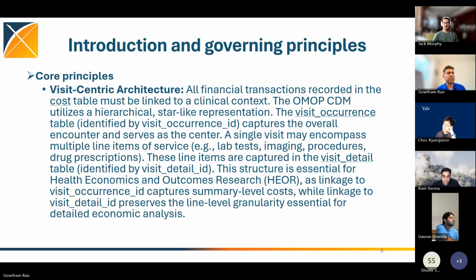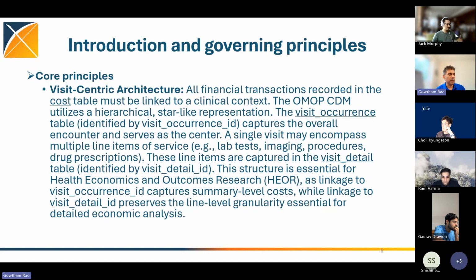We're not summarizing the costs. Sorry, let me rephrase. The summary costs are linked to the visit occurrence ID. The detail costs, the line level costs, are linked to the visit detail ID.